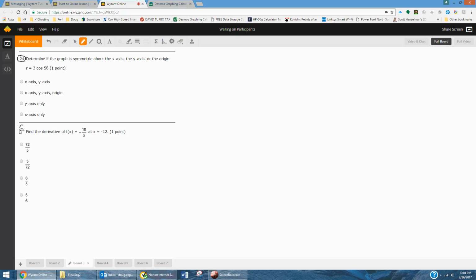Okay, 25. This is one we did before. We're going to do 25. We're finding the derivative of the function. And the way that I've shown you to do this is when you have the variable in the denominator, we rewrite it as negative 10 x to the minus 1.